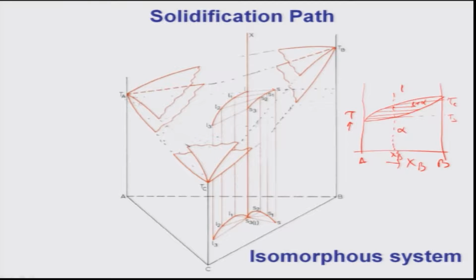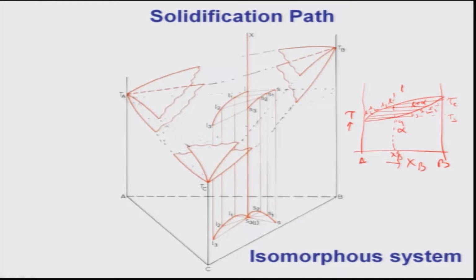As you clearly see that, right. Now, as you cool down the temperature, the new equilibrium will exist between, it is just like this. Suppose this is S, this is L, L1, S1, L2, S2, L3, S3, like that, correct. It goes like that, and this is S4.